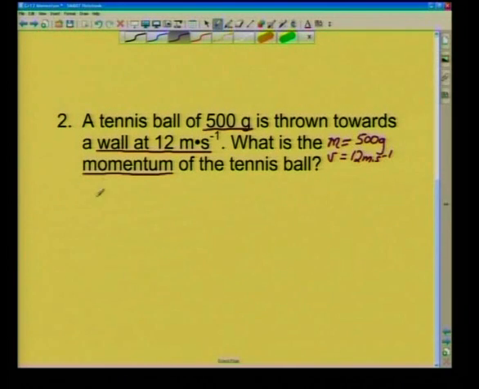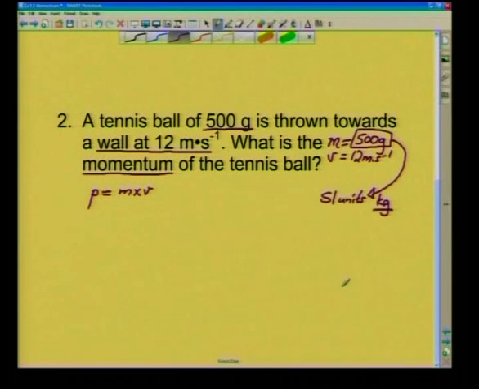What we know is that momentum is mass times velocity. And this mass here given to us is in grams. But grams are not the SI units of mass. The SI unit of mass is kilograms. Therefore, we need to convert 500 grams to kilograms.